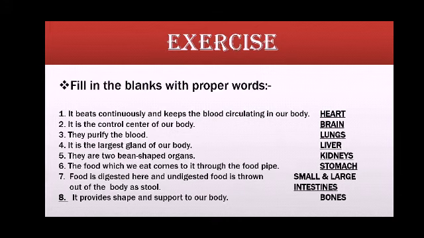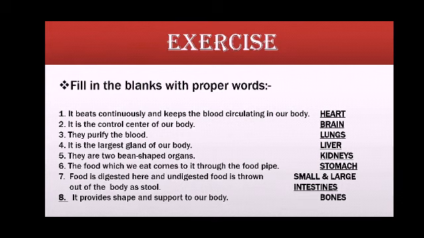Number 2, it is the control center of our body. So the organ that controls the movement, feelings, memories and actions of our body is the brain. Number 3, they purify the blood. Lungs purify the blood.